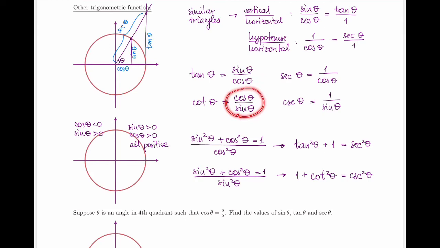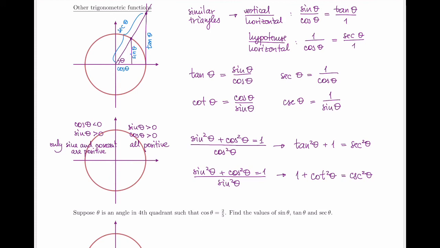Cotangent will also be negative because we have the exact opposite case. Cosine is involved in secant and is negative, which means that secant will also be negative, but cosecant involves sine, so this will be positive. So only sine and cosecant are positive here.